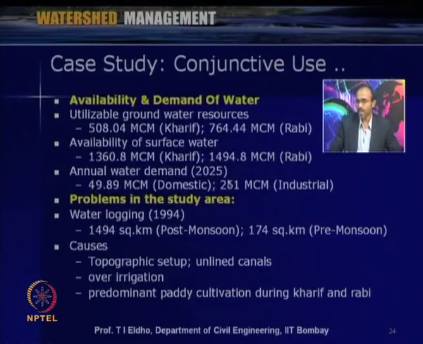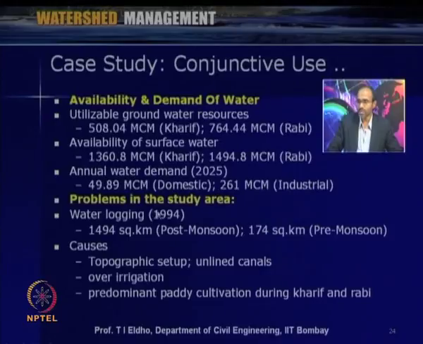There is also annual water demand projected for 2025, and other demands like 50 million cubic meters for domestic and 261 million cubic meters for industrial use. By 2025 the demand will increase.